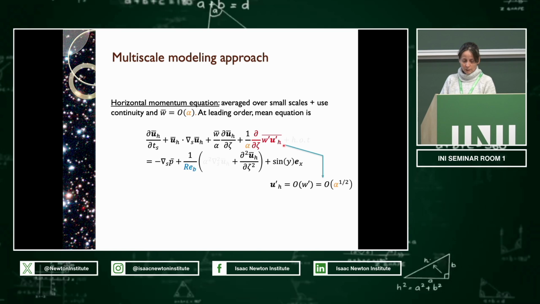And because W prime and U prime were of the same order, each of them individually has to be alpha to the half. And so that's immediately telling you that the vertical velocities are now alpha to the half rather than alpha. So they're bigger than the mean vertical velocity flow, the W bar.